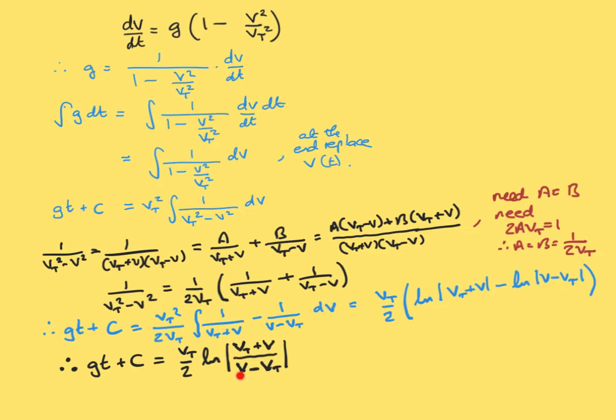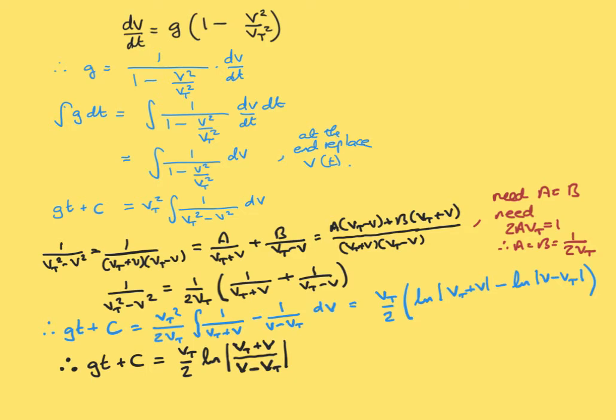Now v is going to start at 0 and approach the terminal speed, so v is going to be less than or equal to vt. So I think it's nicer to write that as vt minus v. And if you're worrying about the minus sign multiplying everything, it doesn't matter because this is a modulus, and the modulus of minus 7 is the same as the modulus of 7.